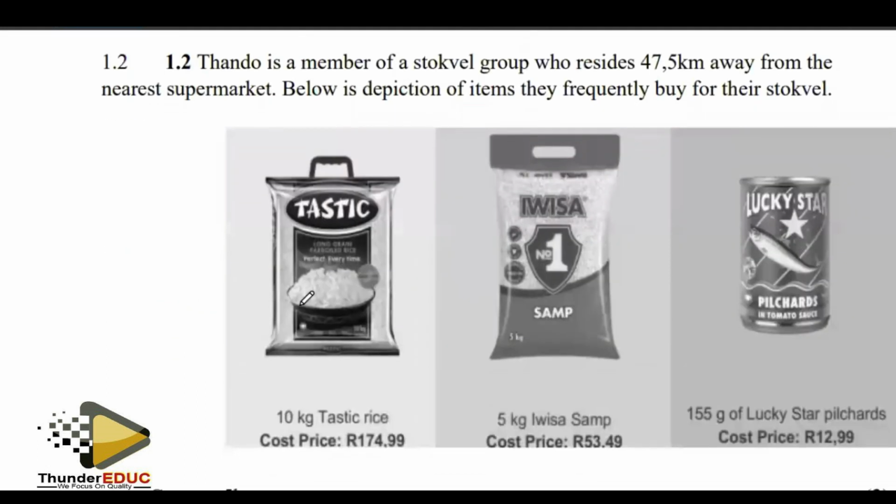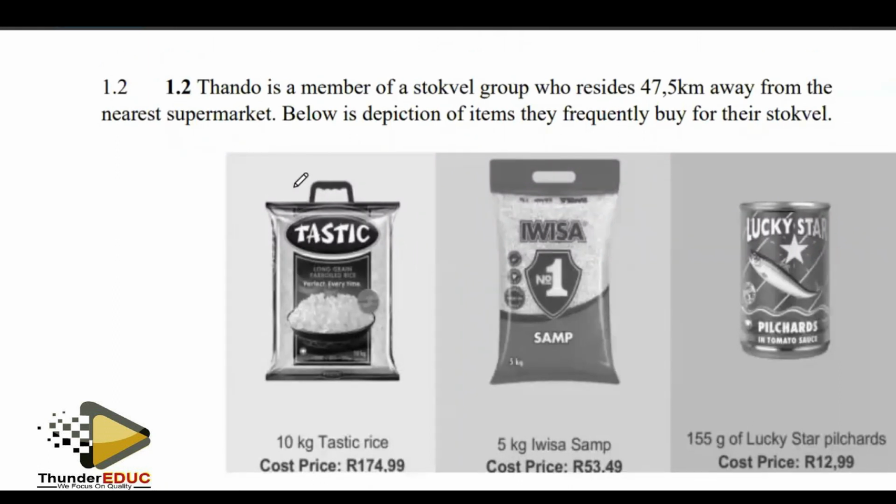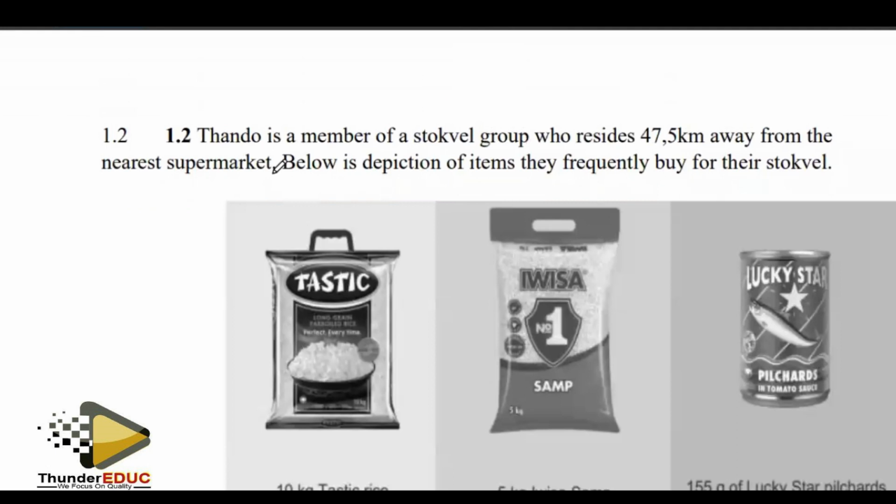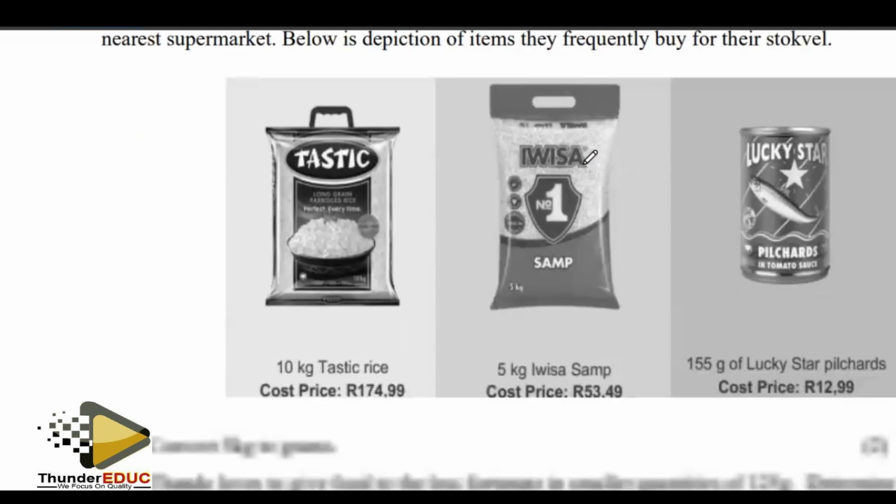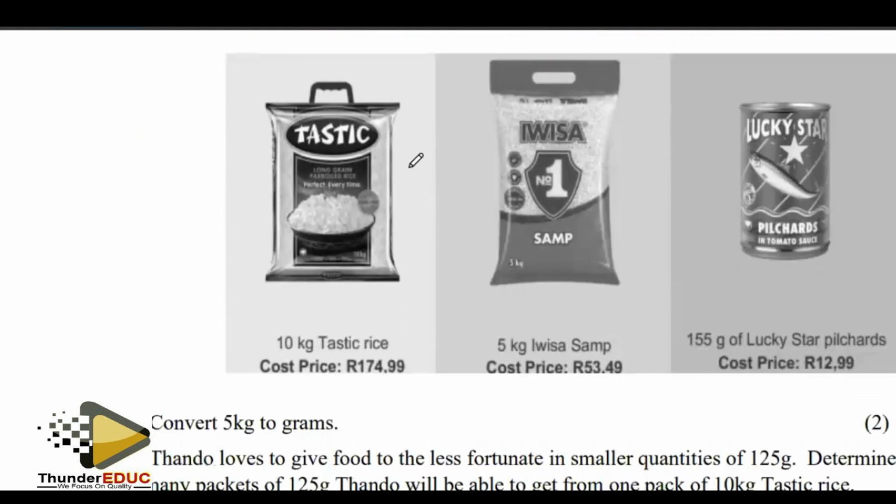1.2 looks at different kinds of foods that we have here. Let's read and you see. Tando is a member of a stokvel group who resides 47,5 kilometers away from the nearest supermarket. Below is a description of items they frequently buy for their stokvel.